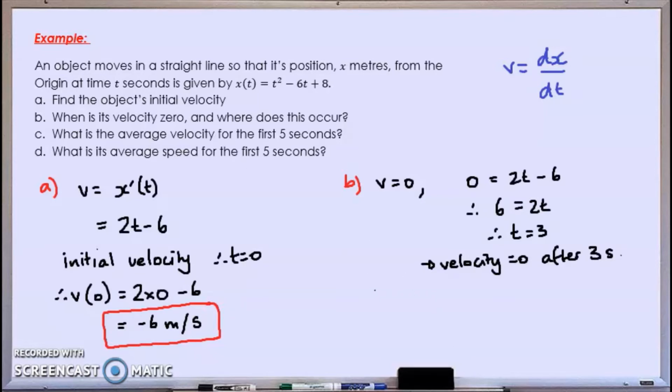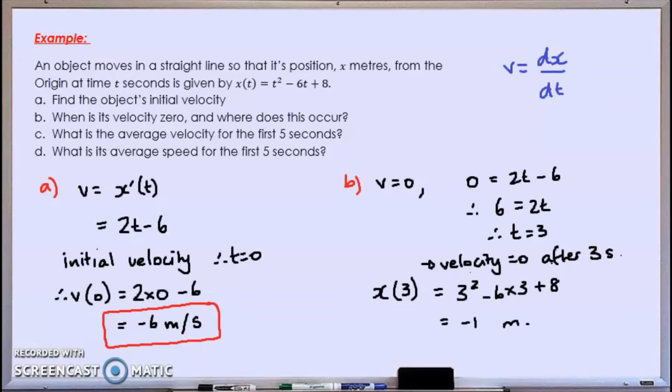The second part asks, where does this occur? So now I need to substitute my time of 3 into the equation for x. And here's my equation for x, so I'll substitute that in. And I have 3 squared minus 6 times 3 plus 8. And this all comes down to negative 1.